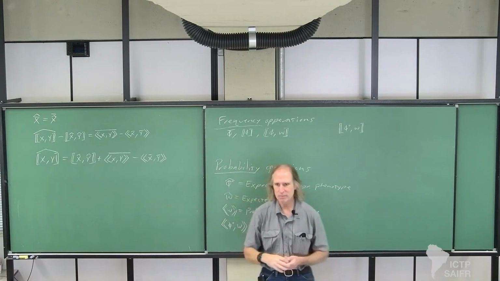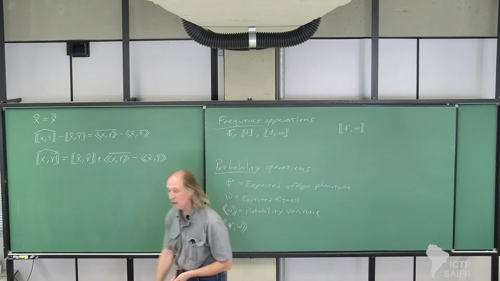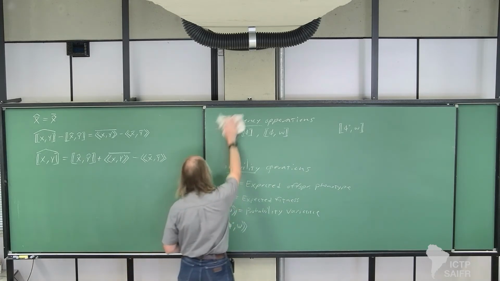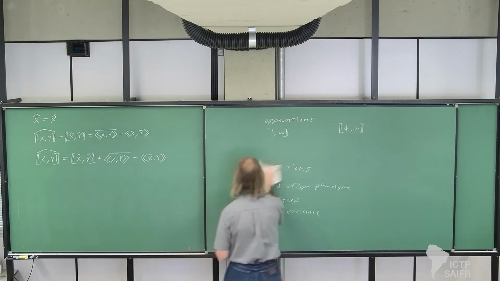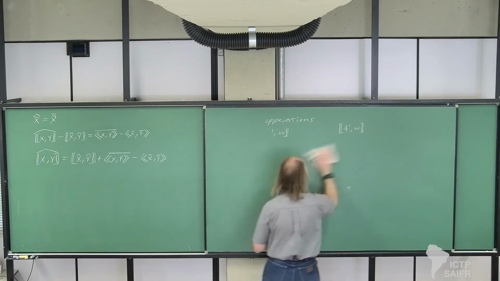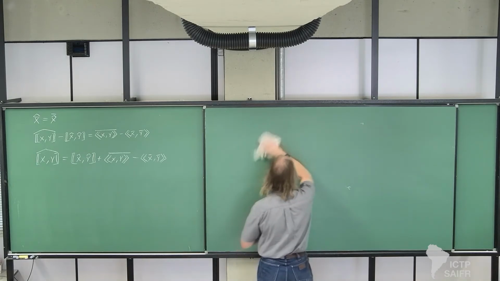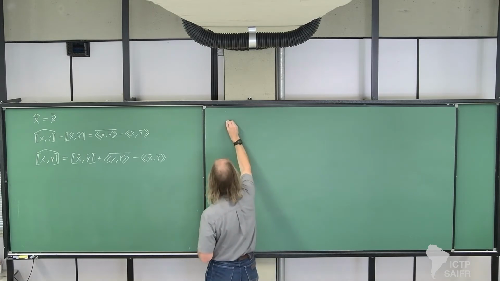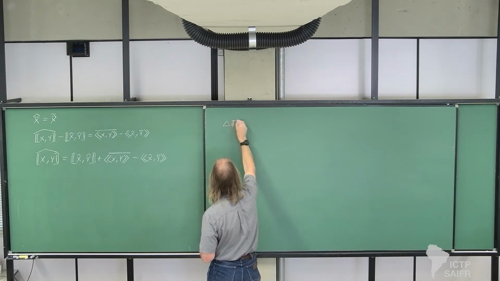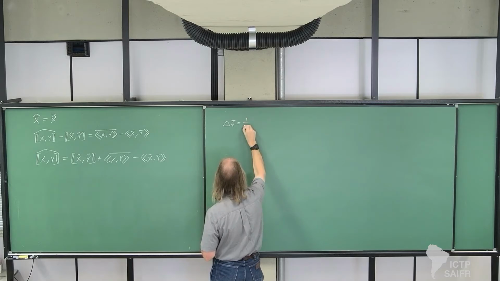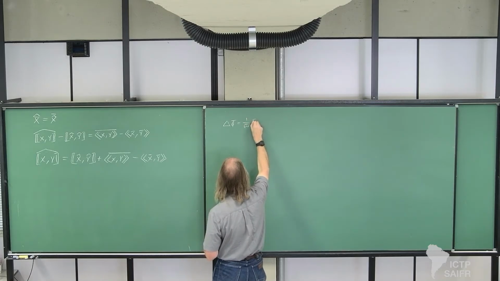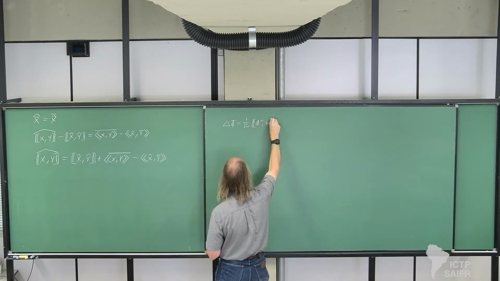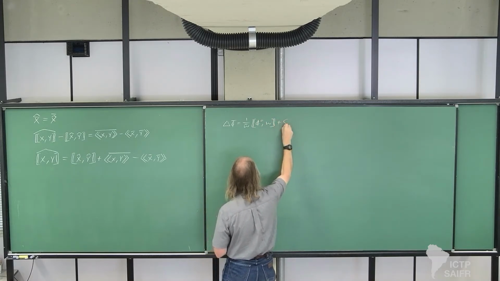Okay? So why am I doing this? Because with these rules, we can very quickly derive a stochastic price equation. Let's write the deterministic price equation. Delta phi bar was equal to 1 over W bar, covariance, offspring phenotype and fitness, plus delta bar.